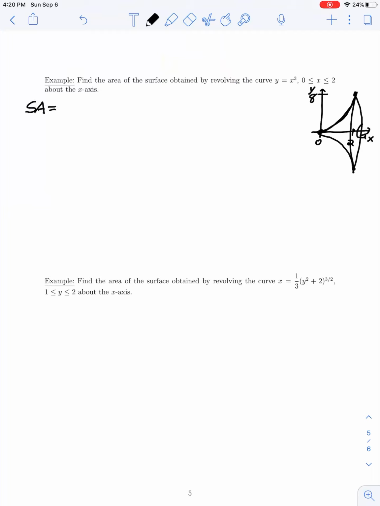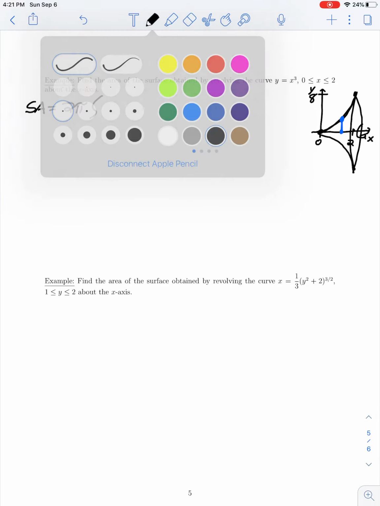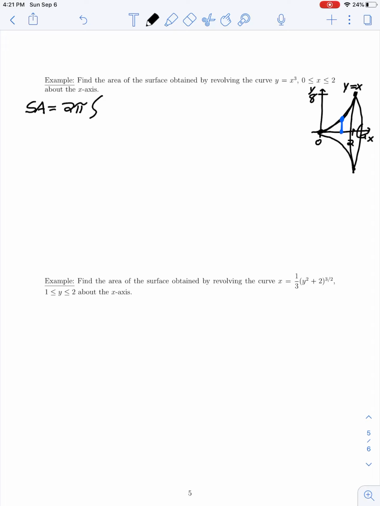we're going to be integrating 2 pi times the radius of our cylinder. So in this example, if we're revolving about the x-axis, the radius of our cylinder will be the distance from the x-axis out to the curve, which was the curve defined by y equals x cubed. So here we're going to have 2 pi times the radius of our cylinder, which is x cubed, times the differential of arc length.